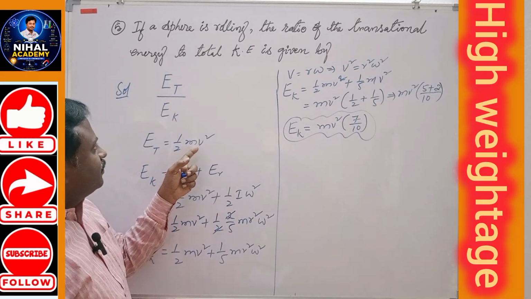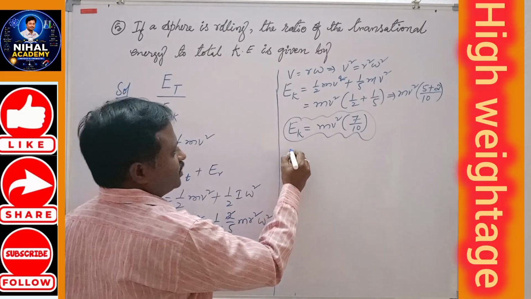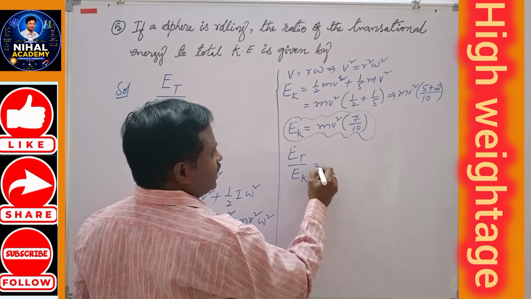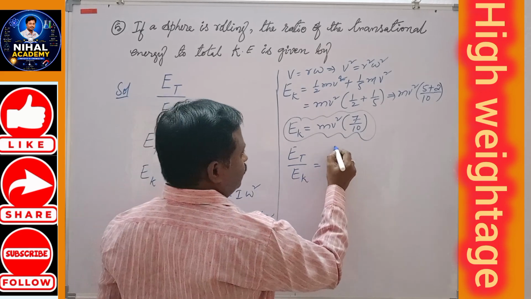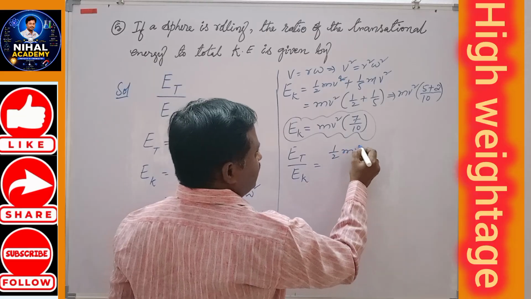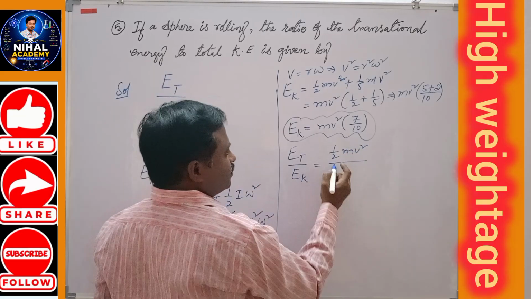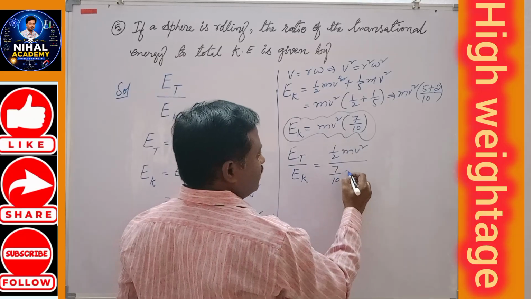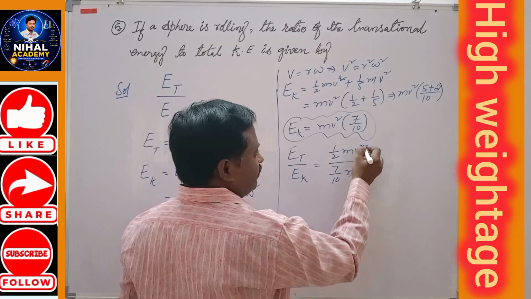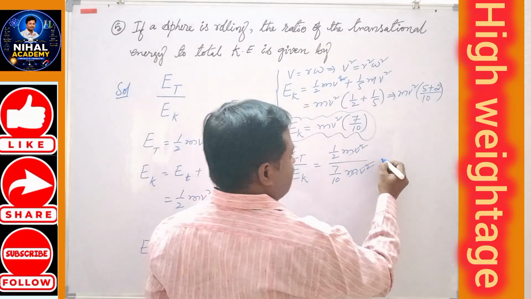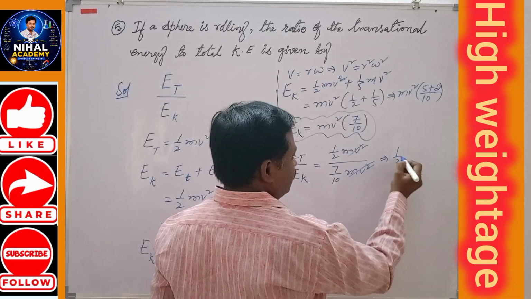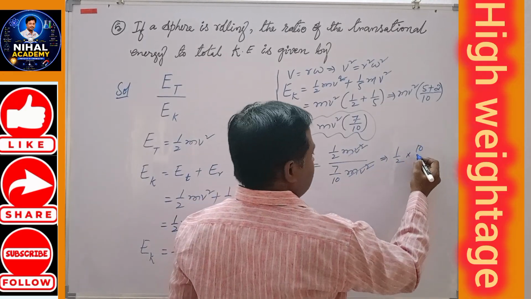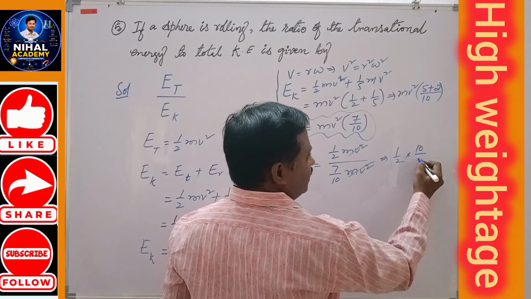E T is equal to half M V square. We will take the ratio of these two now. So E T by E K is equal to half M V square by 7 by 10 M V square. M V square cancels. Now this is equal to 1 by 2, and we take the reciprocal of 7 by 10, which becomes 10 by 7.